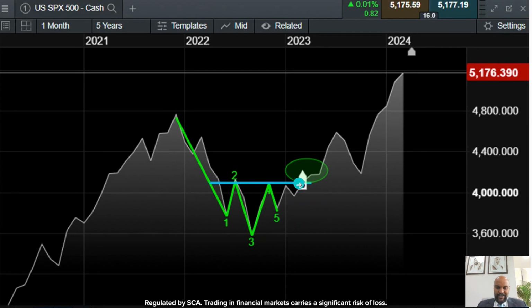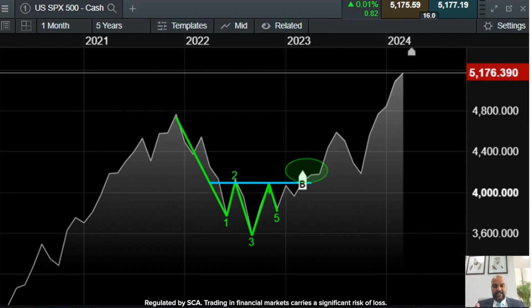Now, after you entered at the neckline, or if you've entered above the neckline, let's assume we missed this entry point and we have entered higher. Still, we need to consider 20% from the neckline and above, right? So that will be your ideal target. Now, if we are expecting a 20% move or a 10% move on the upside, we always make sure that we keep a stop loss of 5%.